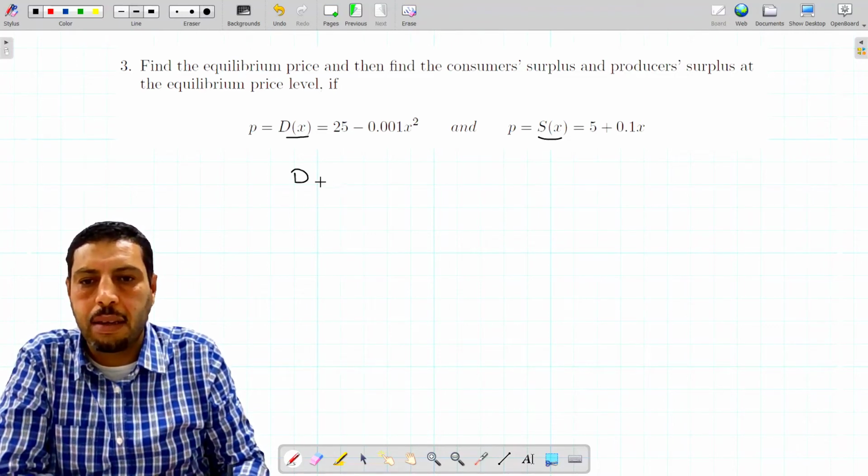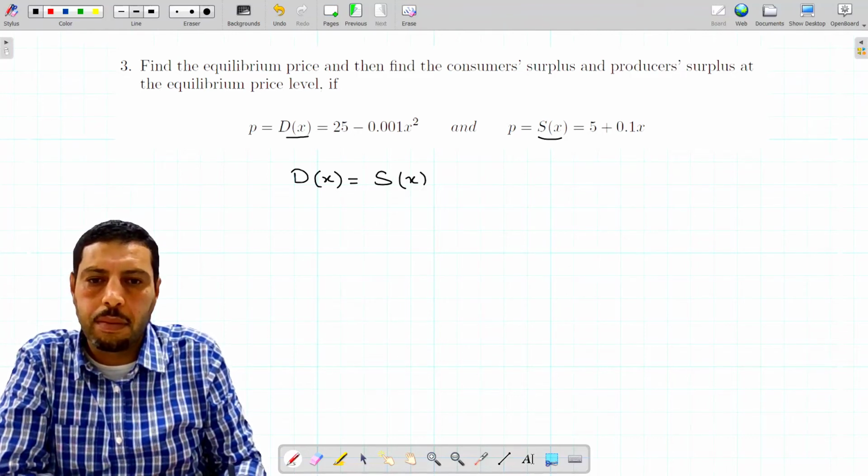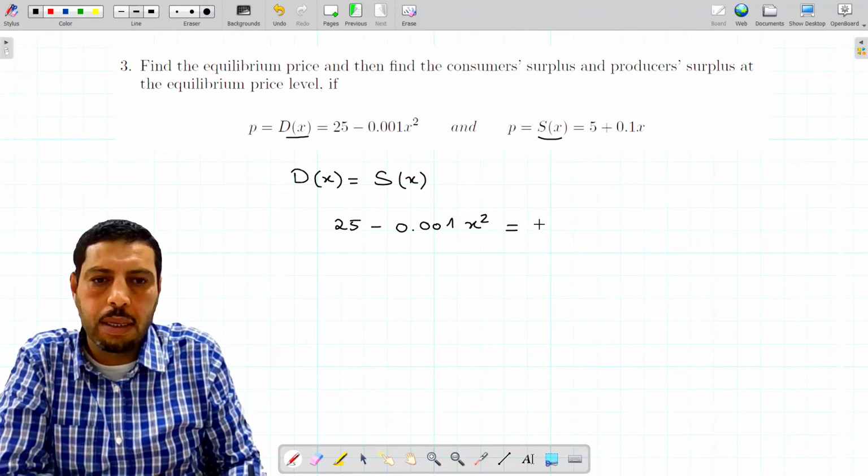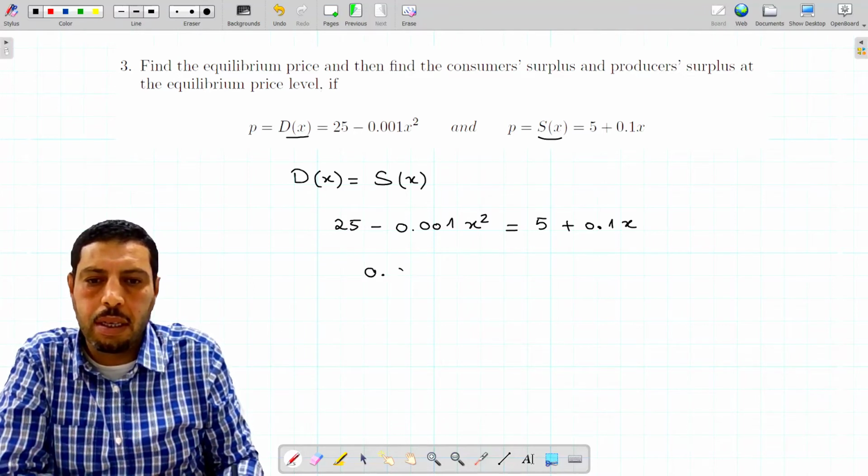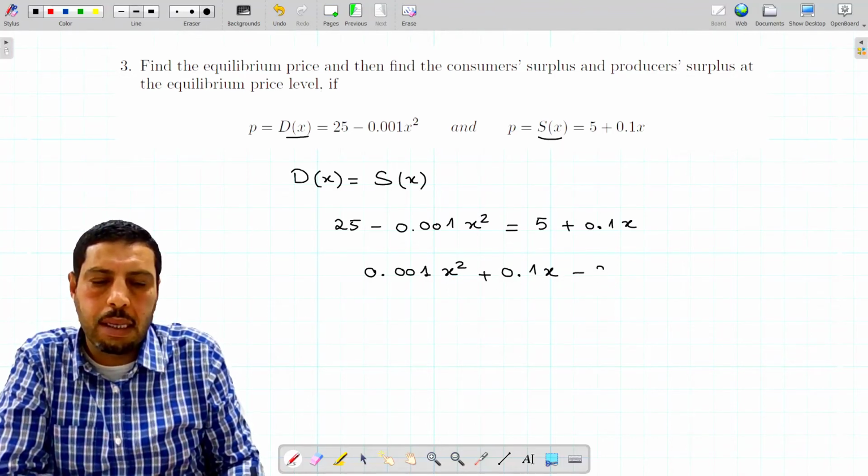So d of x equals s of x, which means 25 minus 0.001 x squared equals 5 plus 0.1 x, which means that 0.001 x squared plus 0.1 x minus 20 equals 0.